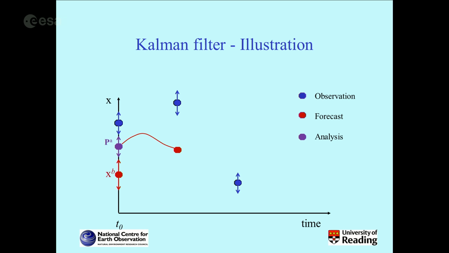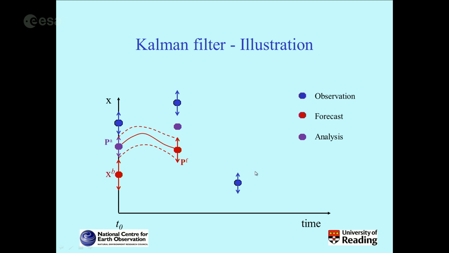I can get an estimate of it, and I'm going to forecast the uncertainty on my analysis, and that's going to give me my uncertainty on my prior at this time. So now I have the observation with its uncertainty and the prior with its uncertainty, and I can use the same equation again to combine them and find an analysis.